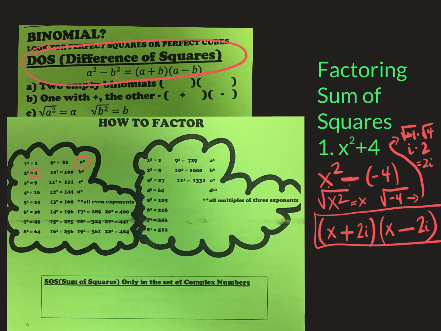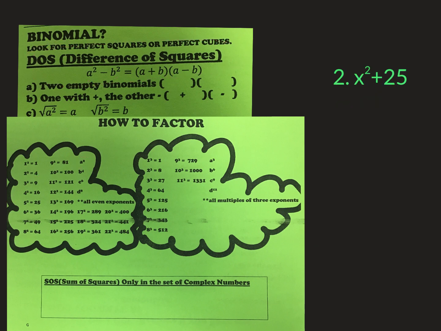Let's go on to the next example. x squared plus 25. So I'm going to rewrite this as x squared minus negative 25. So please write the original problem. Please rewrite it as a difference of squares. Then we're going to put two empty binomials, one with an addition sign, one with a subtraction sign.